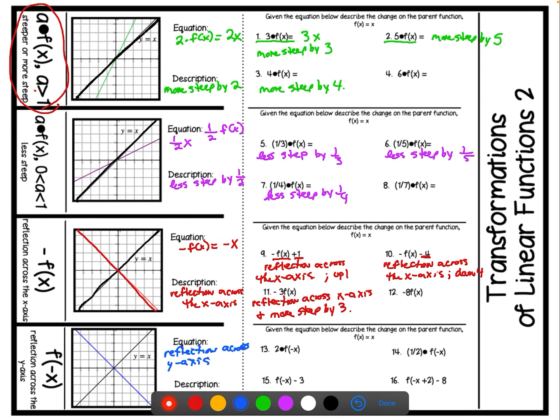So when we have 2 times f of negative x, first off, it's a reflection across the y-axis because of the negative x inside parentheses. And the 2 is representing a vertical stretch, or it's more steep by 2.